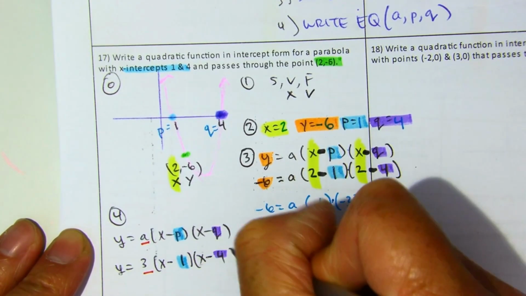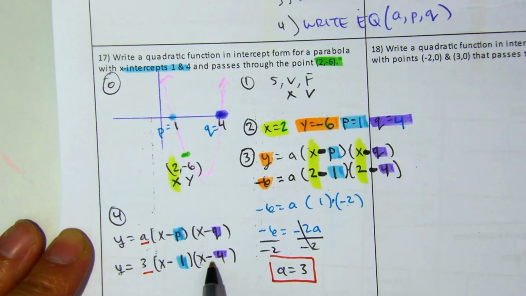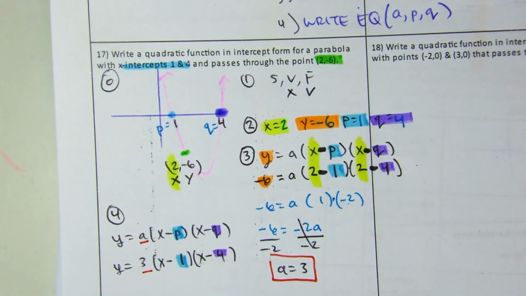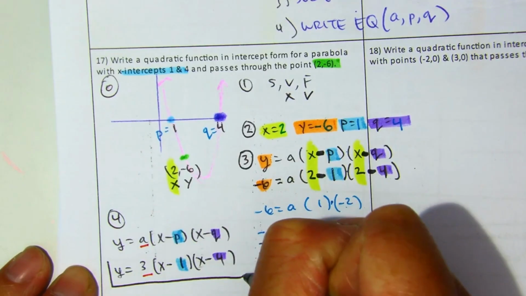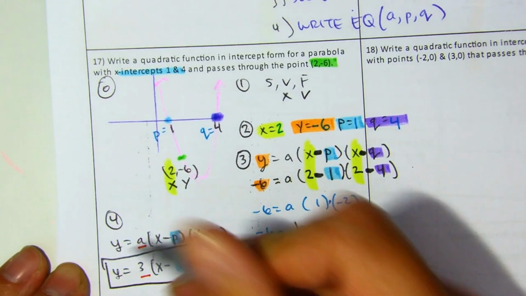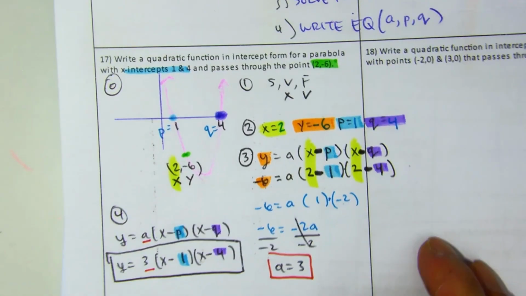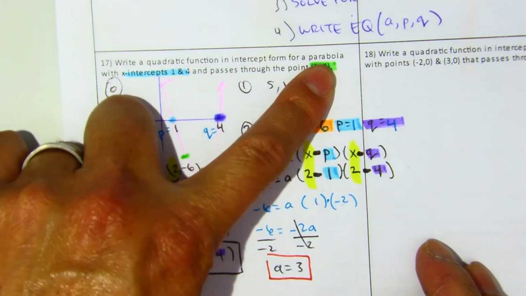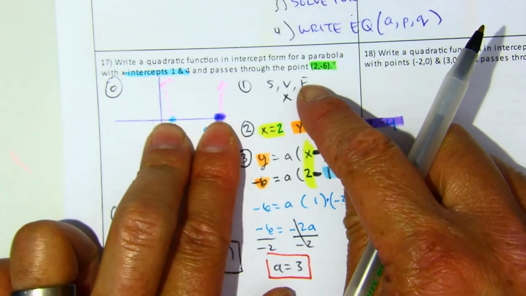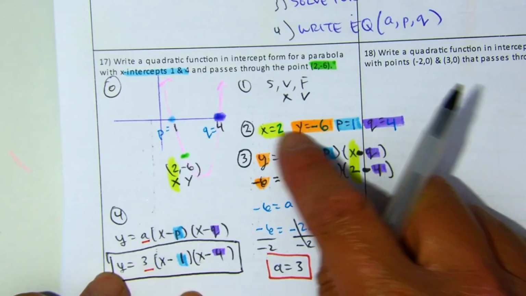I don't have to simplify anything there, and that's my answer. Box around it. So given the intercepts and a point, I figured out factor form because of those 2 dots. Identify your letters, solve for A, and then you write your equation.